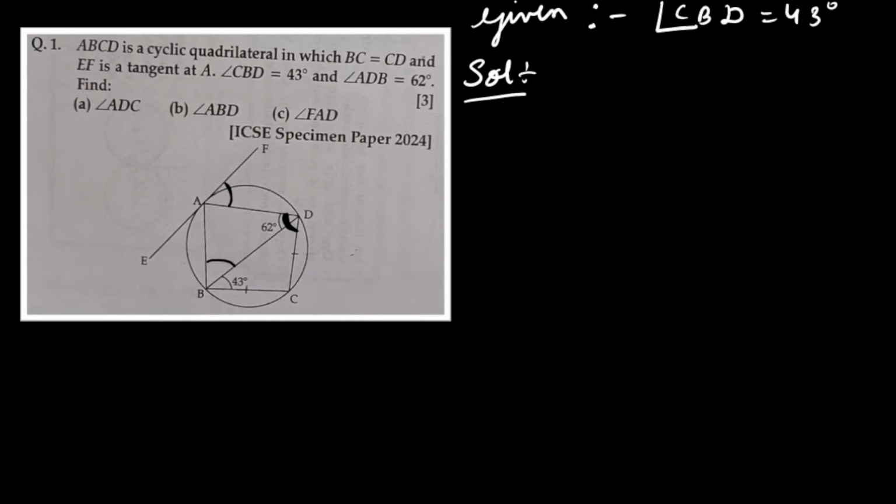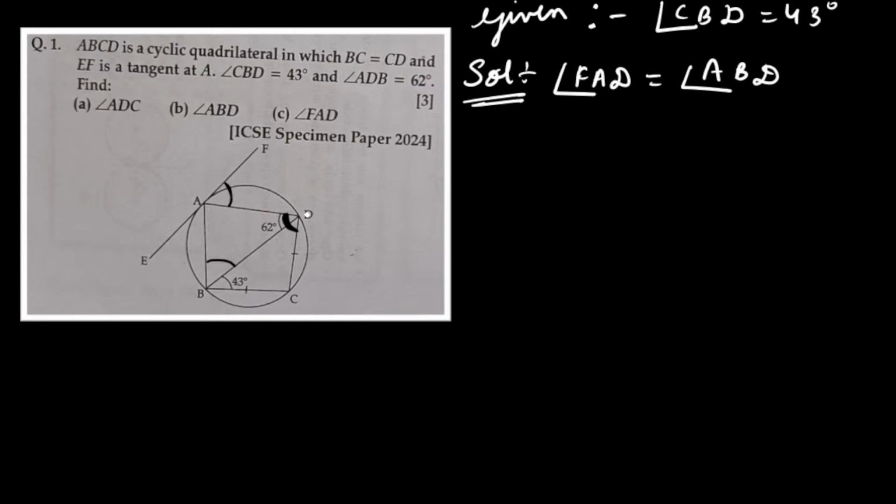Which is the easiest angle to find? Angle FAD is equal to angle ABD, because these are the angles in the alternate segment.